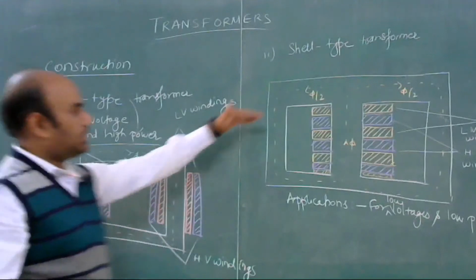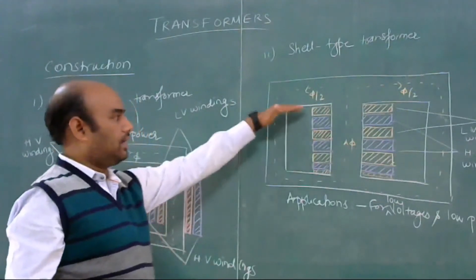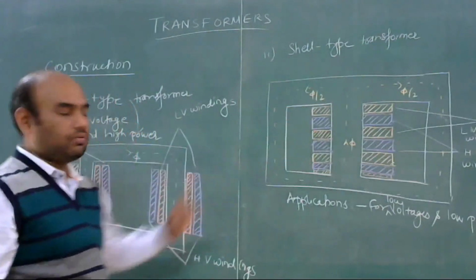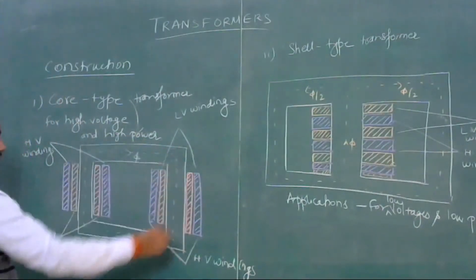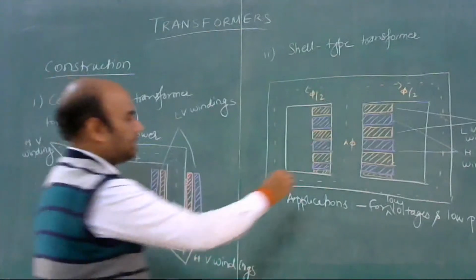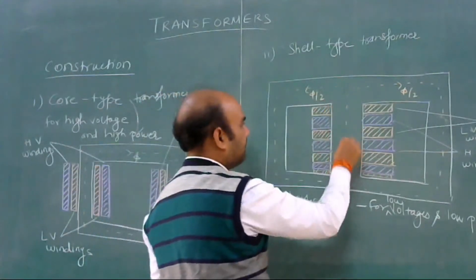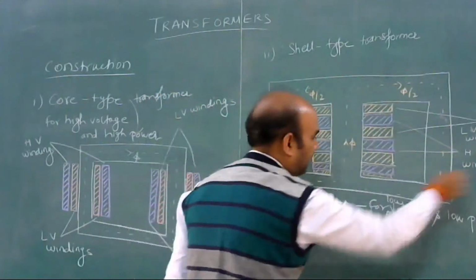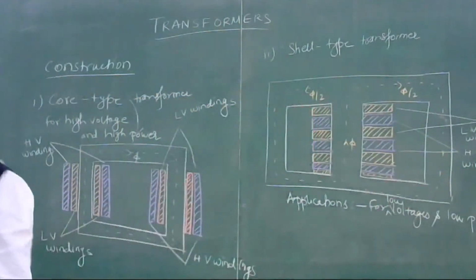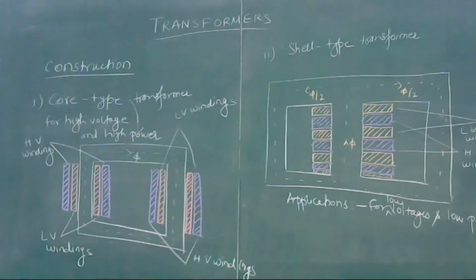Here sandwich of these two windings are there, LV, HV, LV, HV, LV, HV. Here whole flux phi travels in the core of the transformer, and in this case in the central limb phi is there, and then it is distributed half in both the limbs, right and left limbs. So this is the construction of the transformer.